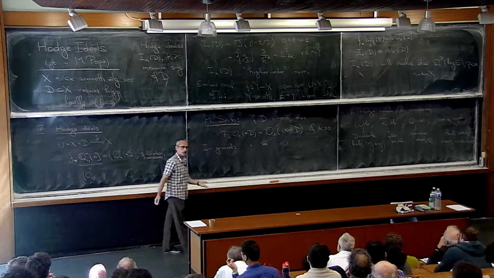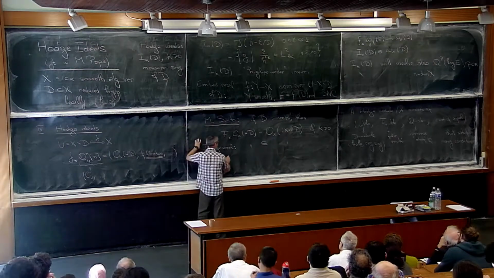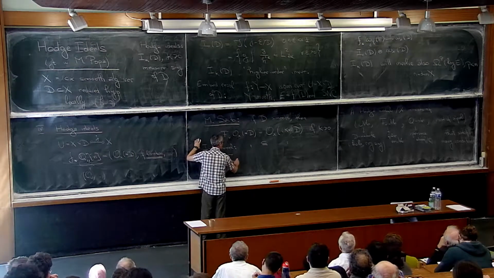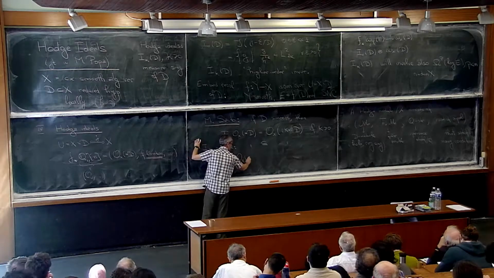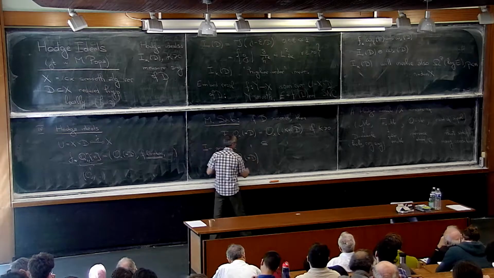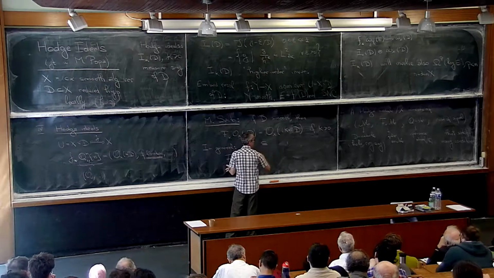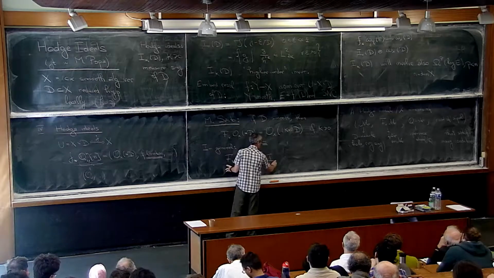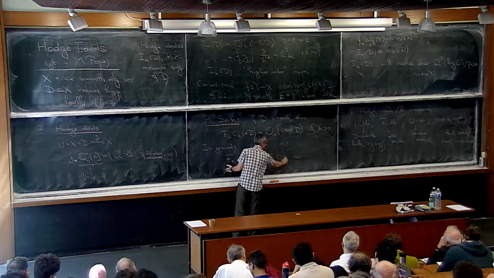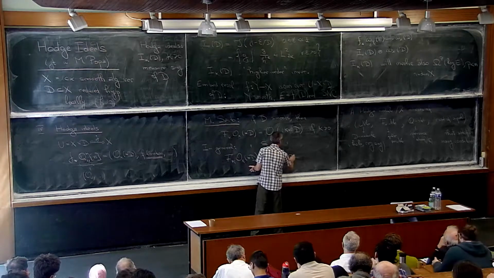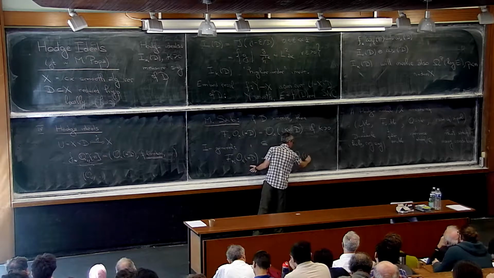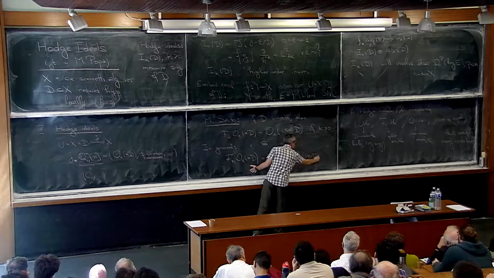Might not be the whole thing. So then, in other words, this says that if I look at the k-th piece of this filtration, this can be written as an ideal times this line bundle. So it's I_k(D) times O_X((k+1)D).